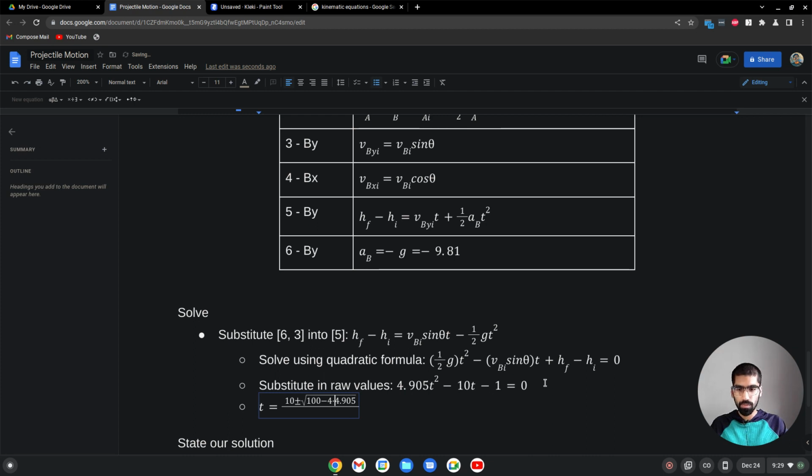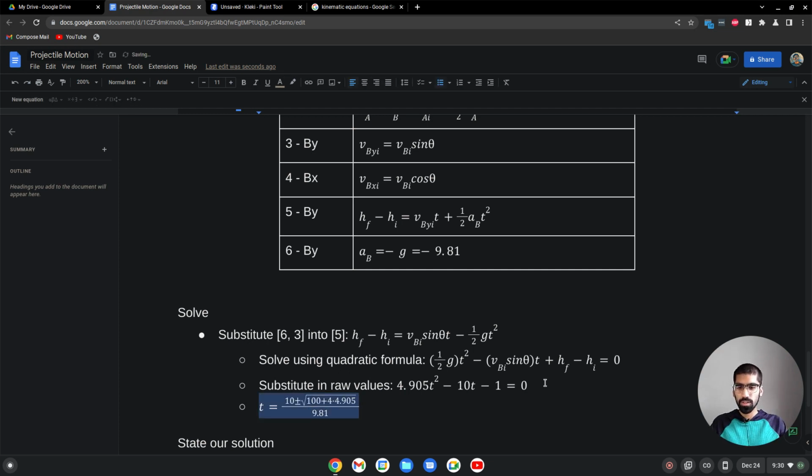So that's just going to turn this into a plus sign. We go down here and we have 2 times 9.81 over 2. So 2 times 4.905, which is 9.81.